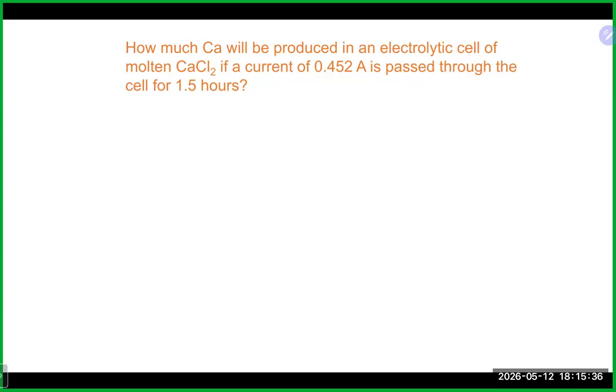So when we're doing this, remember we're starting with our calcium chloride, and we are going to break it apart into calcium and chlorine. And that is what is going on. In this case, we have +2 to 0, so once again, the calcium is getting reduced.